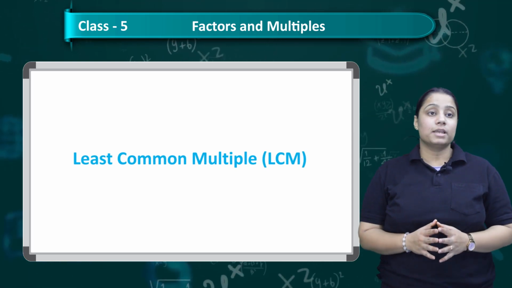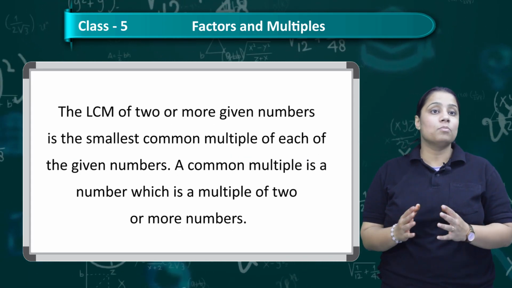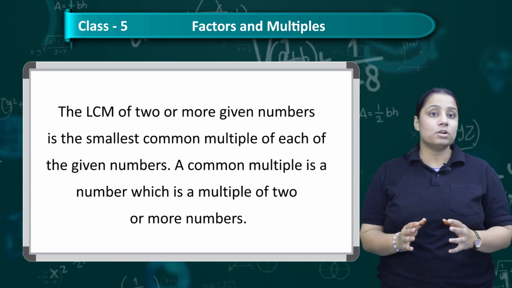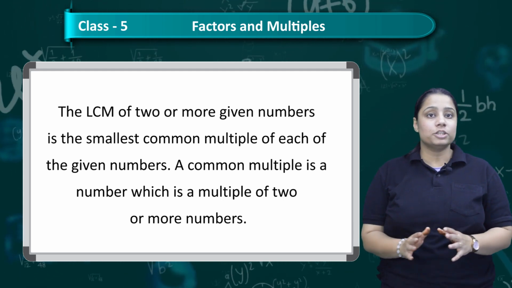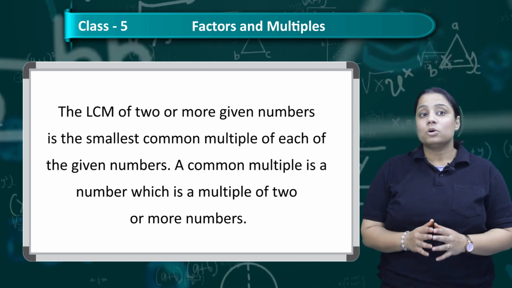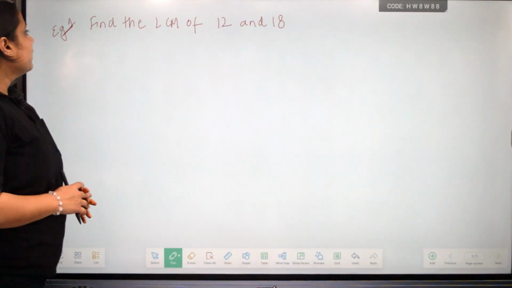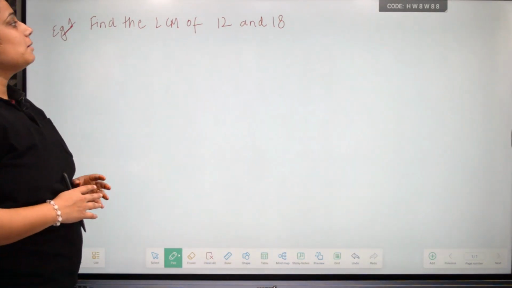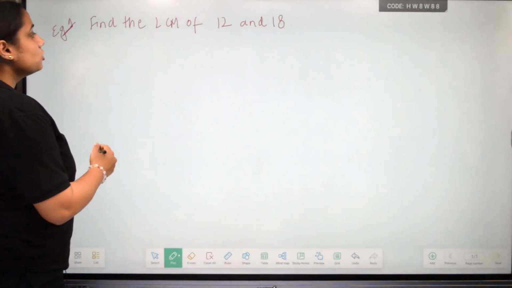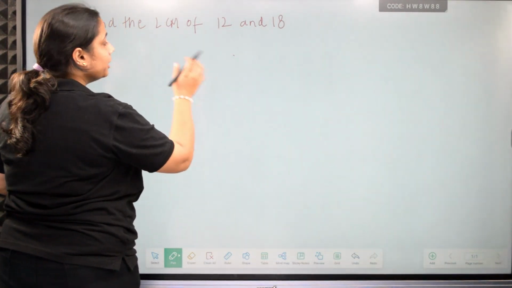Least common multiple, LCM. The LCM of two or more given numbers is the smallest common multiple of each of the given numbers. A common multiple is a number which is a multiple of two or more numbers. Example number 1, find the LCM of 12 and 18. Firstly we'll write the multiples of 12 and 18 separately.